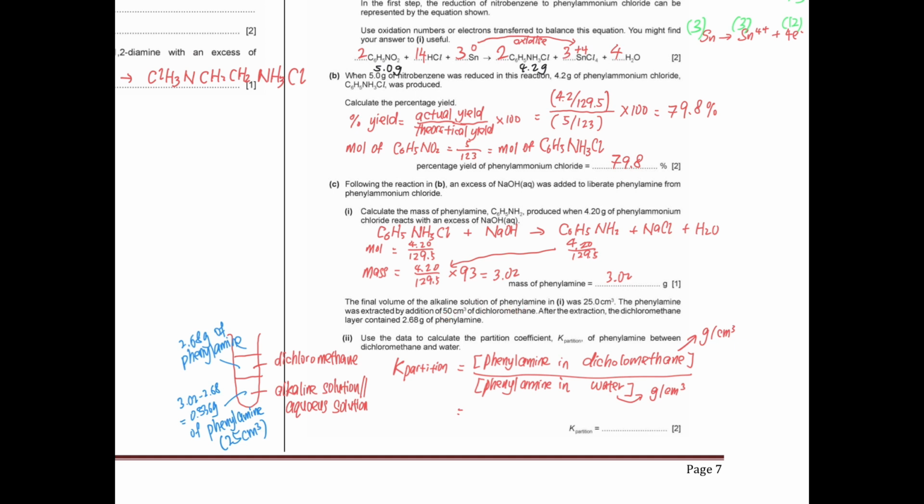So let's write down this as well, 50 cm cube. Okay, so now we can count it. Just use mass divided by volume. So 2.68 divided by 50 over 0.336 divided by 25. Then we count it, we get 3.99. 3.99 is the K partition.